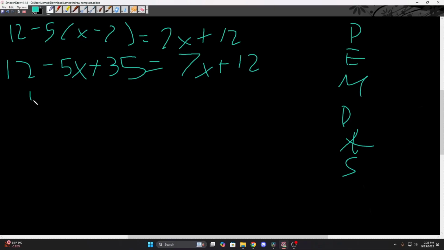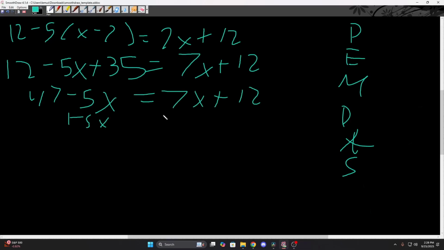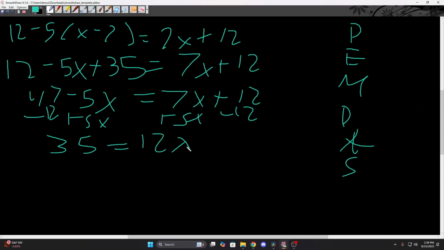You combine like terms, so that's 47 minus 5x equals 7x plus 12. I would add 5x. That way you keep the x on one side and the number without the variable on the other. That way you should have 12x.